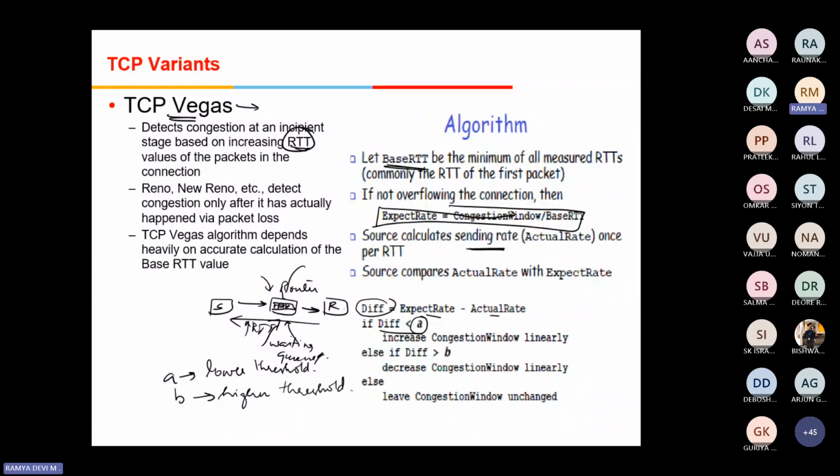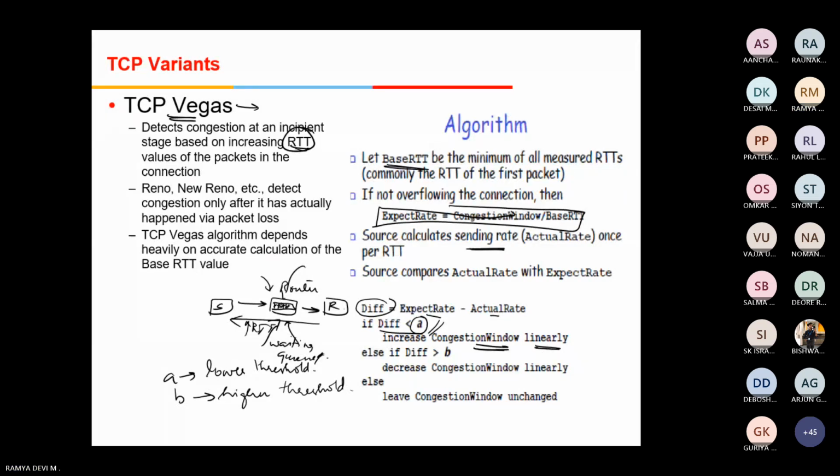It checks whether the difference is less than A. If it is less than the lower threshold value, the network is underutilized, so Vegas can increase the congestion window linearly.